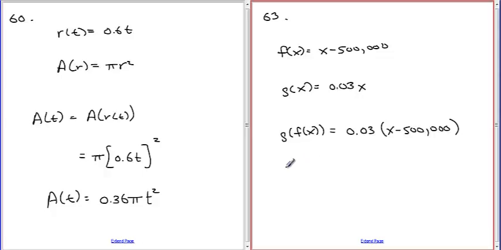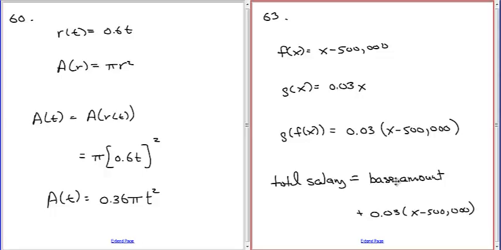So the way you'd actually figure out your total salary would be equal to some base amount plus your sales over $500,000.